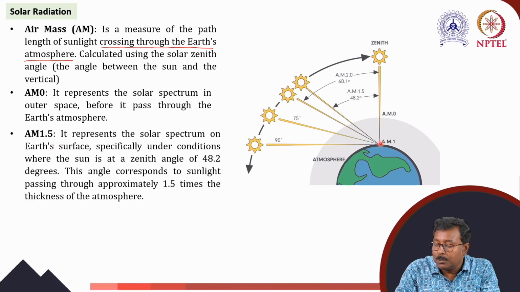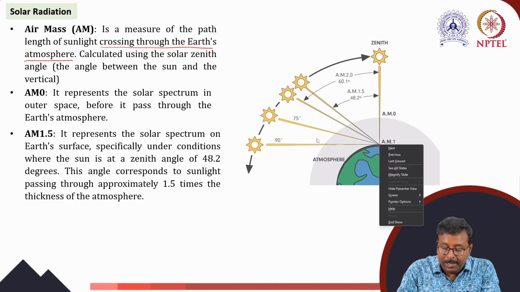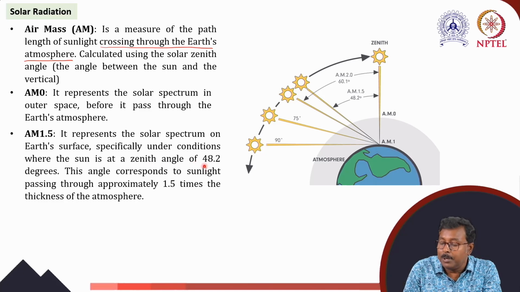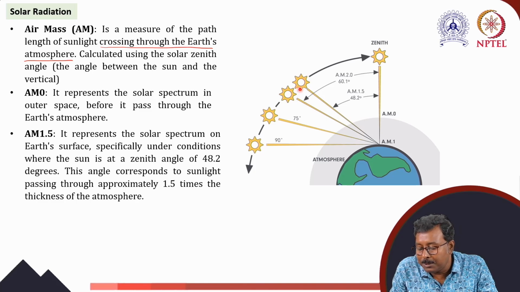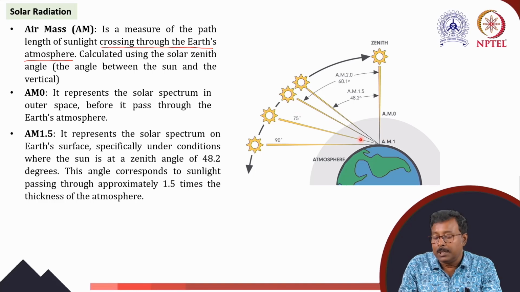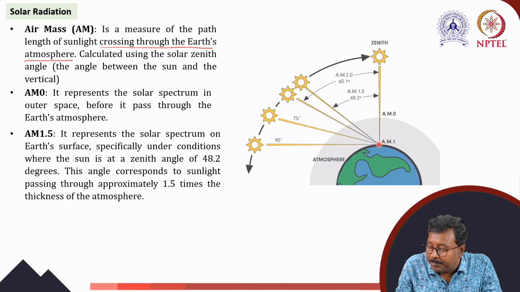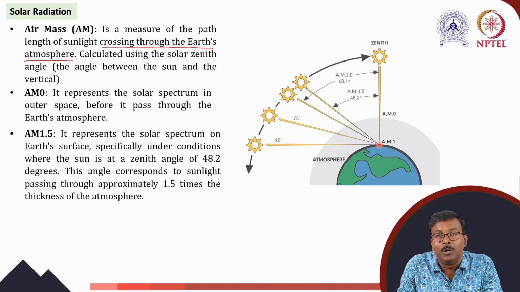AM1 is like this: it is direct, on the Earth's surface. AM1.5 represents the solar spectrum on the Earth's surface when the zenith angle is 48.2 degrees. Suppose this is the position of the sun, and the angle between the normal and the sun's position is 48.2 degrees. Then the radiation reaches the surface after crossing an atmospheric length of 1.5, AM1.5.